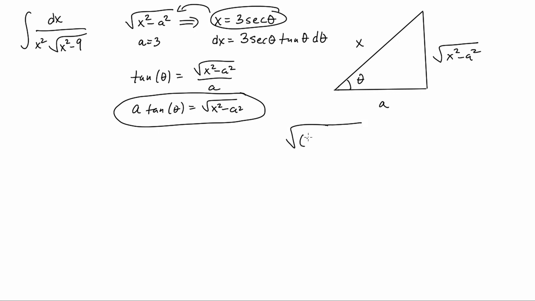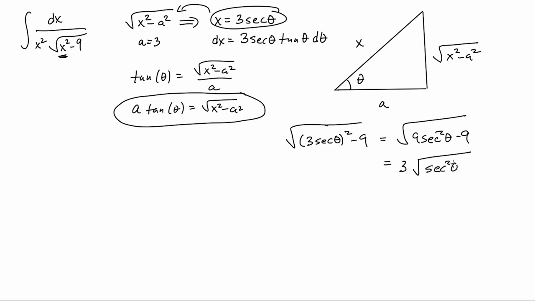I'm going to plug in 3 secant theta, so I'm just taking x and plugging it in here for the radical. This is the same thing as the square root of 9 secant squared theta minus 9, which if you pull out the 9's, they come out as a 3. And you're left with secant squared theta minus 1. And our Pythagorean identity says that that's tangent squared theta. And the square root of tangent squared is tangent.